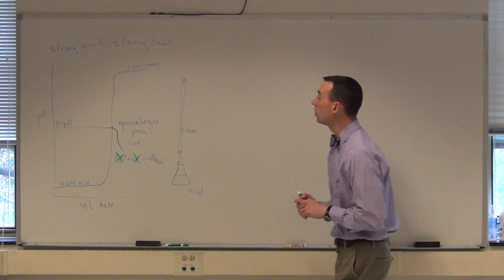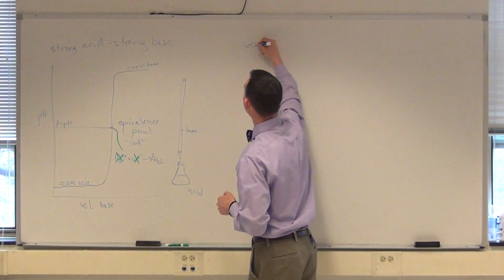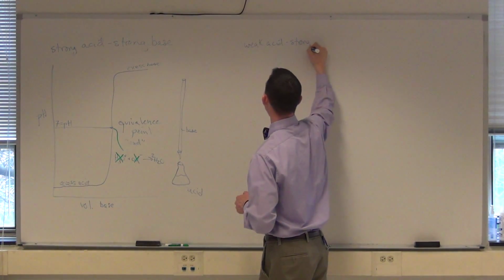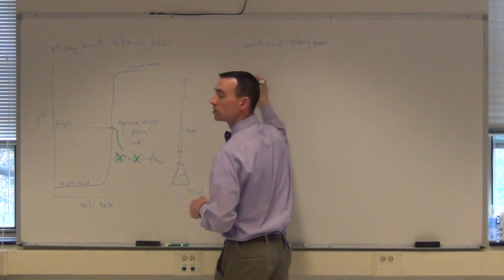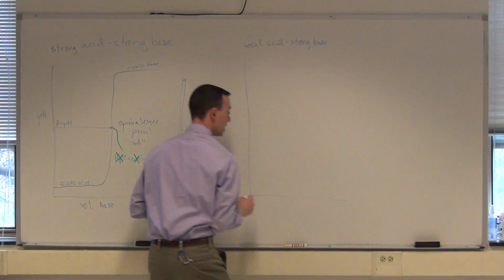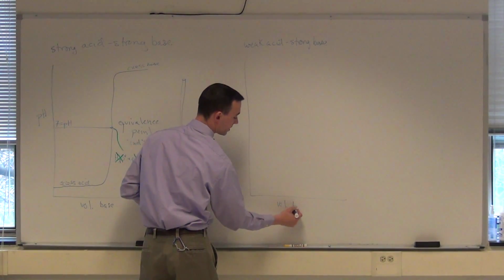Today's reaction, though, will not feature a strong acid, but rather a weak acid with our strong base. So what will change? We'll still follow the pH as we add our base.